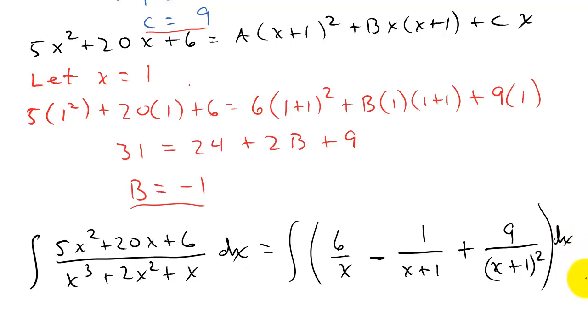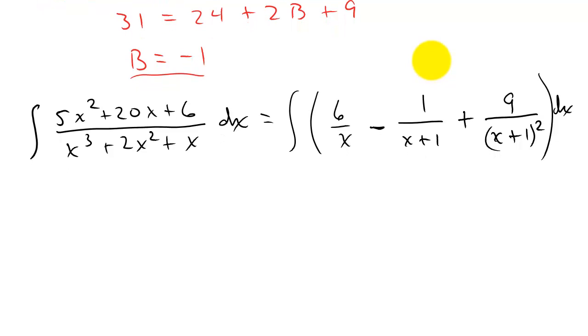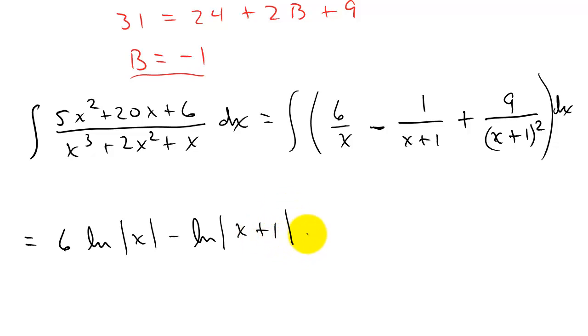Okay, I'm getting close to running off the page. Now all I'm going to do is integrate each one of these individually. So this one is 6 times the natural log of the absolute value of x, minus the natural log of x plus 1.